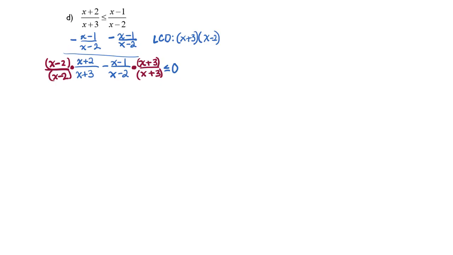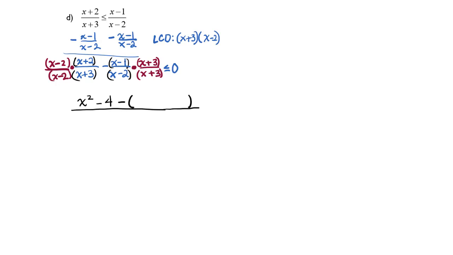Now I need to expand the numerators via multiplication and then write it all over the common denominator. When I FOIL x minus 2 times x plus 2, I will get an x squared minus 4.